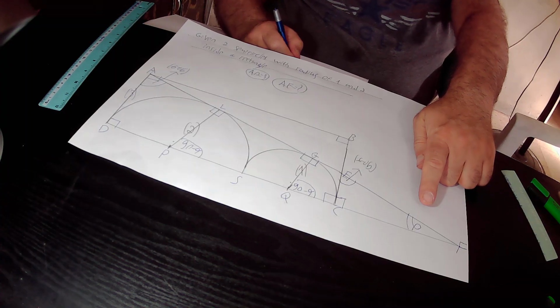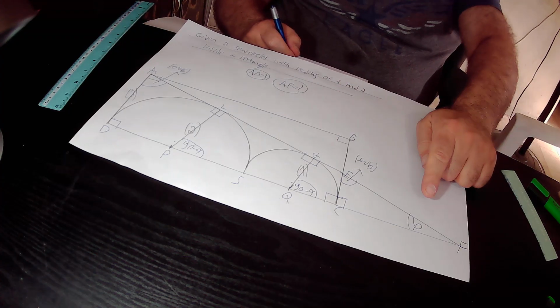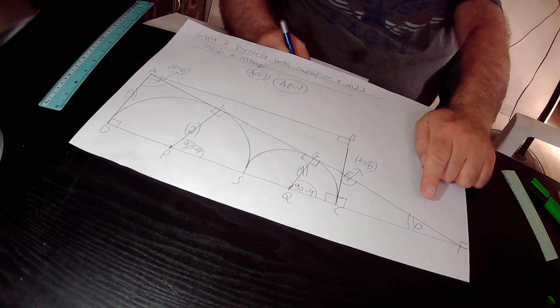If we relate to this angle alpha as it belongs to the small right triangle GQF, it will be defined as angle GFQ.